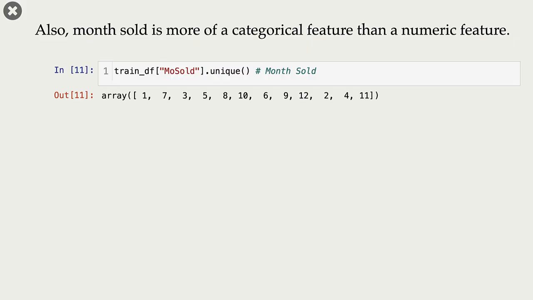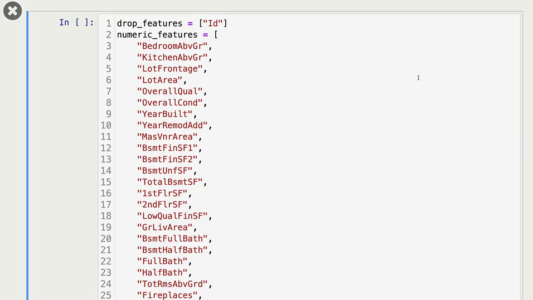Here is another example. This month sold feature is encoded with numbers, but it's not really a numeric feature. It's a categorical feature. Now let's create lists for different feature types. First of all, we would like to get rid of this ID feature, so I'm putting it in this list of drop features. Next, let's create a list for numeric features.